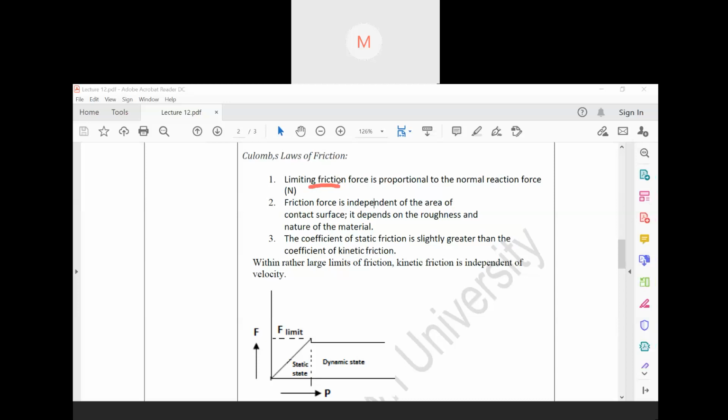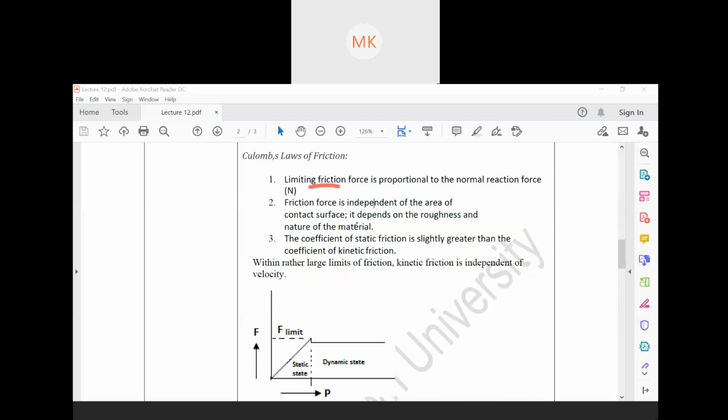Now, if that block is occupying some surface area on the floor, the friction force is not dependent on that area. Is it clear?